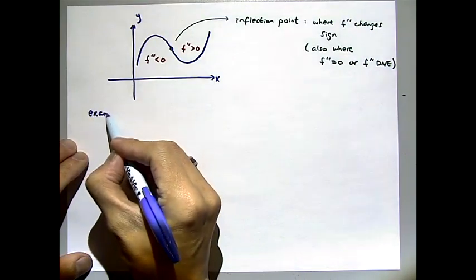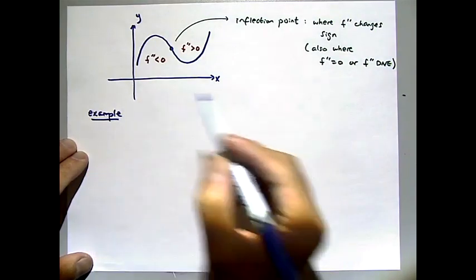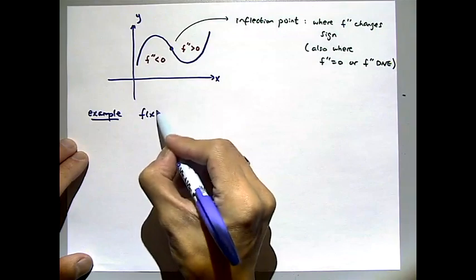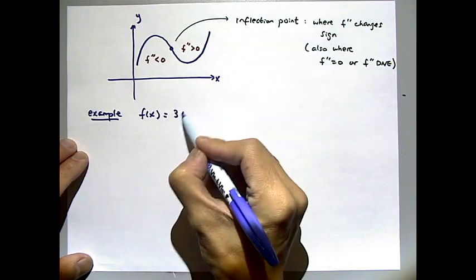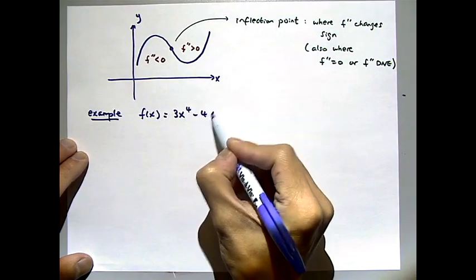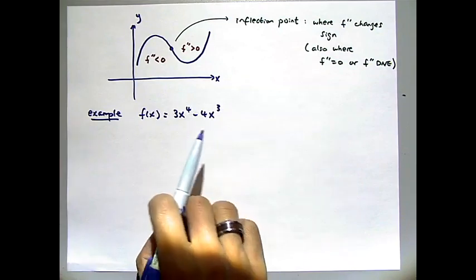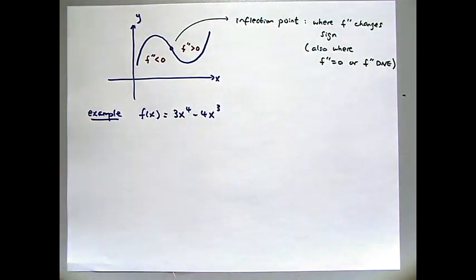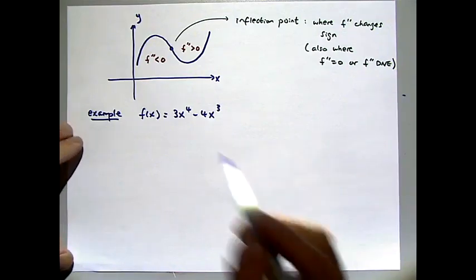Let's do one quick example using the function we have seen before. Okay, now let's find out where on this function is the graph concave upward, where on it is the graph concave downward, and where the inflection points, if they exist, might be.